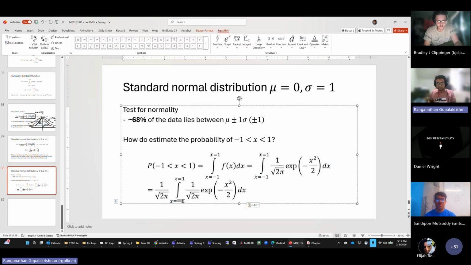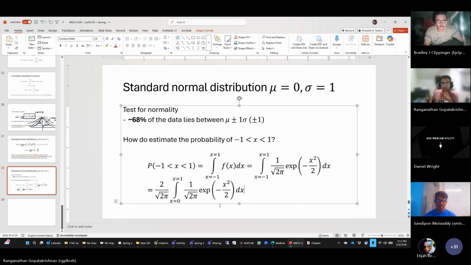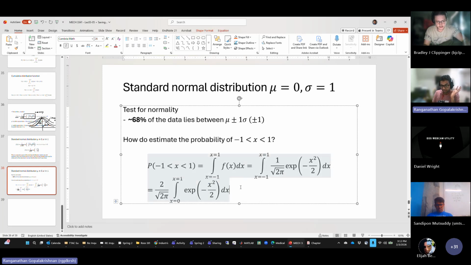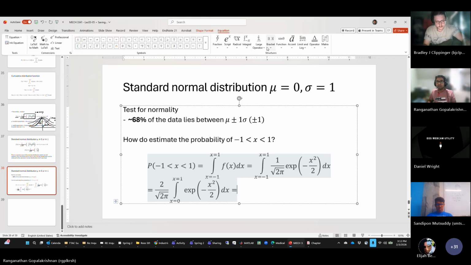So you will tell me that this is nothing but 2 times this integral from 0 to 1. So I have to evaluate the integral of exponent of minus x squared by 2 dx from 0 to 1. If I can do that, we'll be ready to answer that 68%. With me so far?